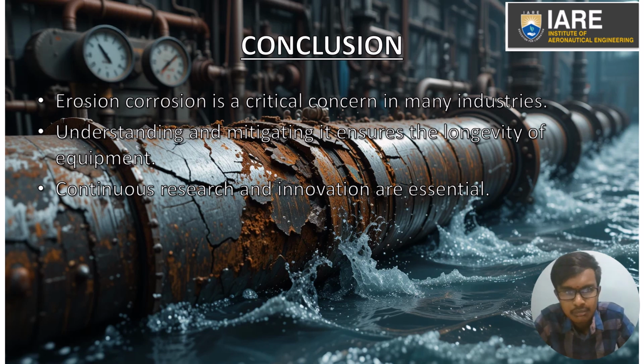This phenomenon is particularly prevalent in systems where high velocity fluids, often containing abrasive particles, interact with metal surfaces, leading to significant challenges in maintaining the integrity and longevity of industrial equipment. So, continuous research and innovation related to this phenomenon is very essential. Hence, this is the final conclusion of this concept of erosion corrosion.